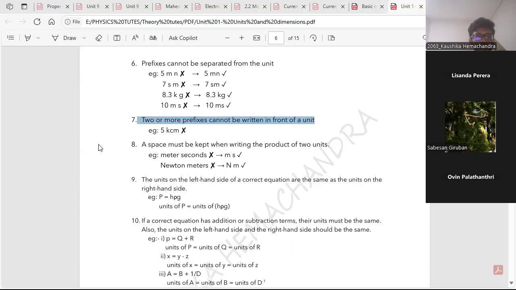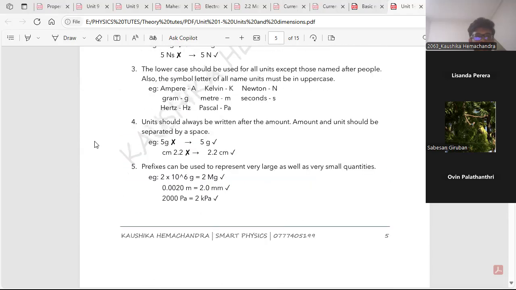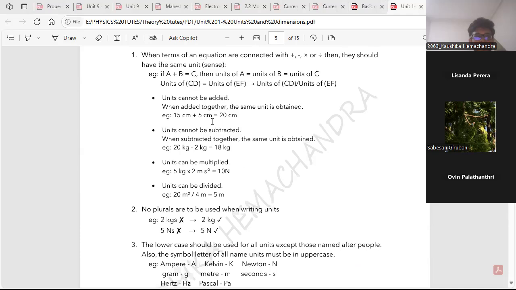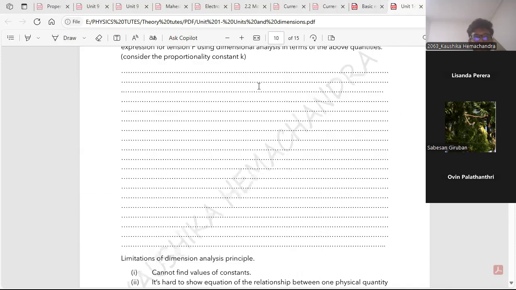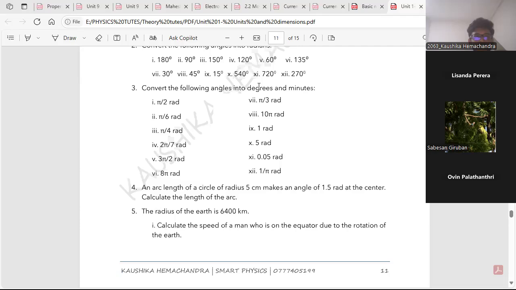So the rest of the rules, I will explain them after we do a few sums. Otherwise, if we do all the rules at once, your head might short circuit. Right?